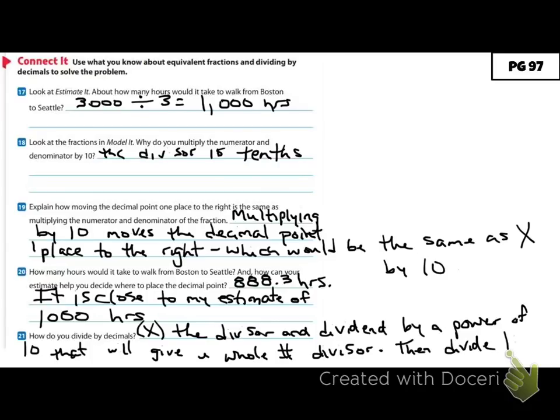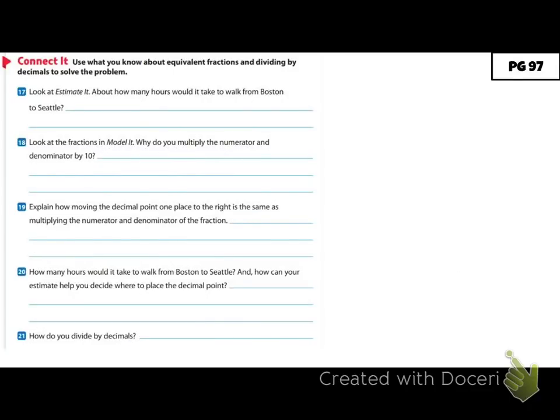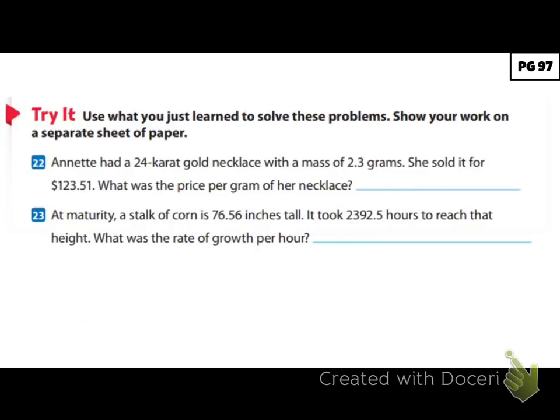Then divide like normal. Okay, try it 22 and 23, and if you have any questions, let me know and I'll come help you. On 22, you should get $53.70. Then on 23, you should get 32 thousandths inch per hour.